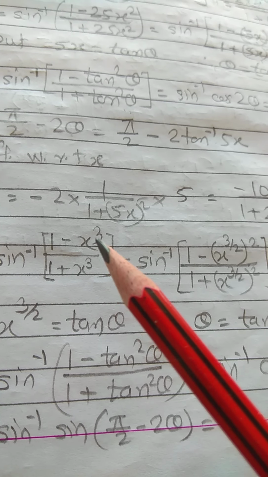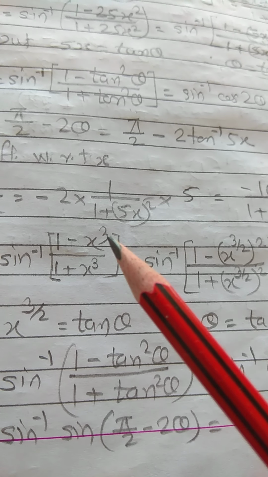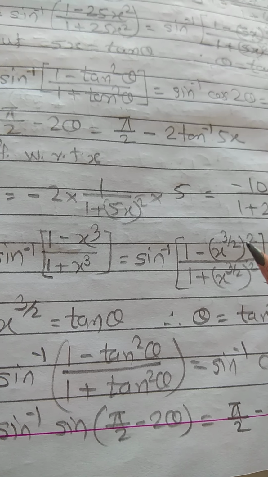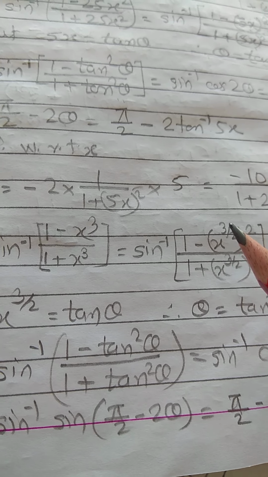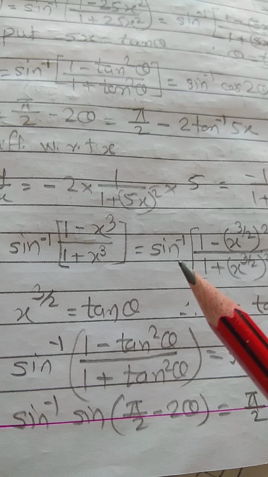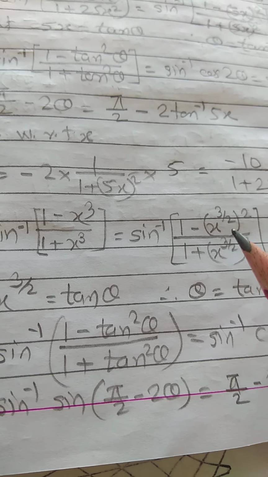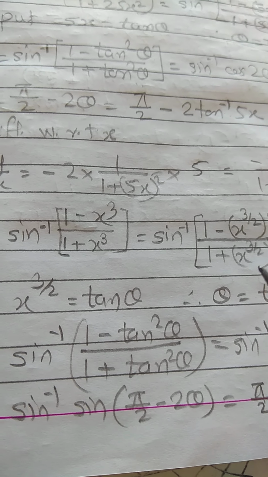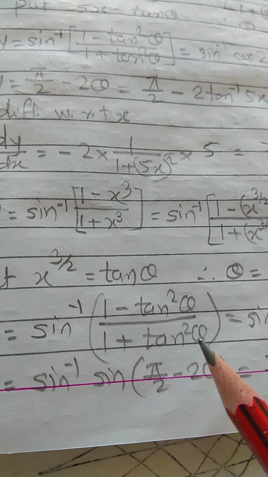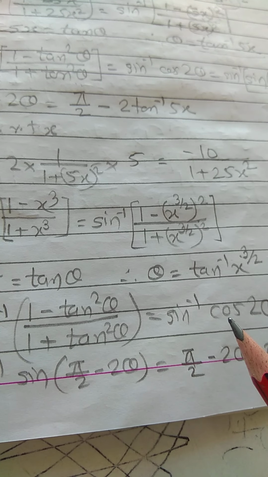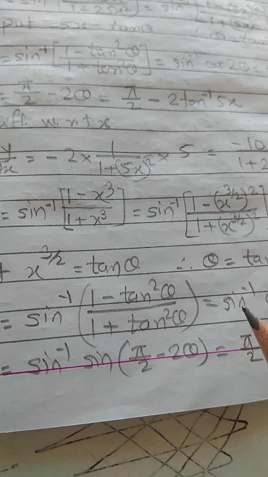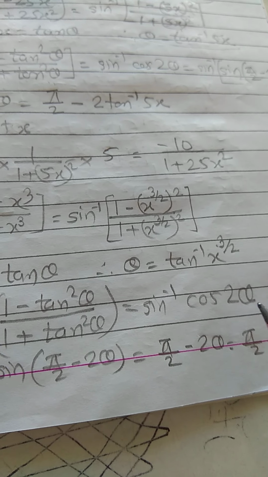So x raised to 3 is (x raised to 3 by 2) raised to 2. Now we can put in place of x raised to 3 by 2 tan theta. It will give you sin inverse of (1 minus tan square theta) upon (1 plus tan square theta), which is always cos 2 theta. Therefore, y equal to sin inverse of cos 2 theta now.